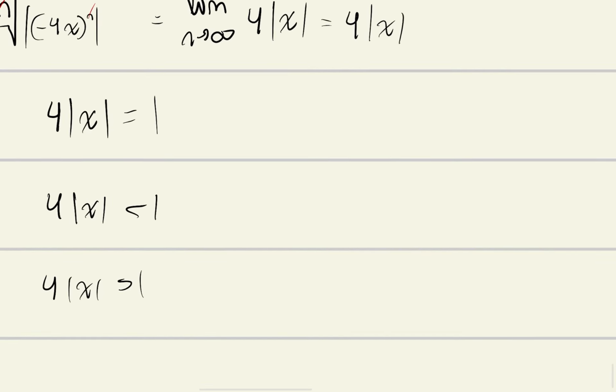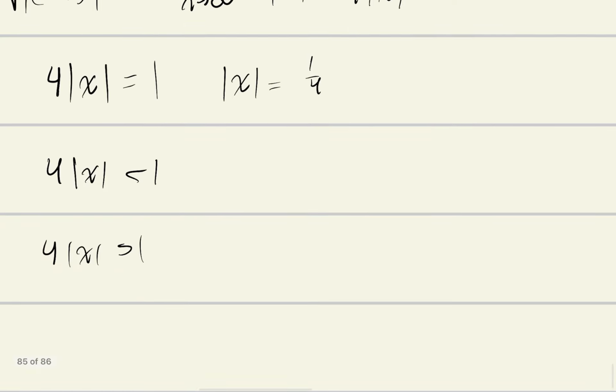All we have to do is solve for x by dividing each side by 4. So the absolute value of x would be equal to 1/4, less than 1/4, and greater than 1/4.